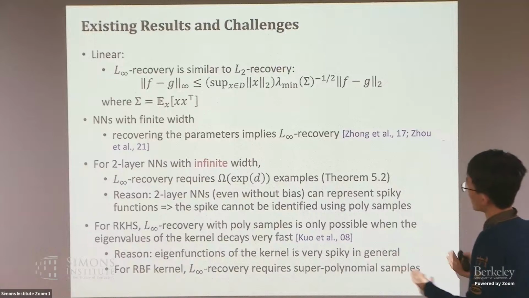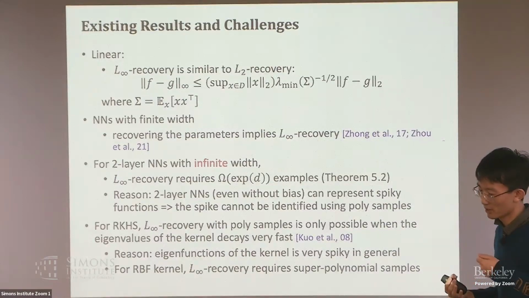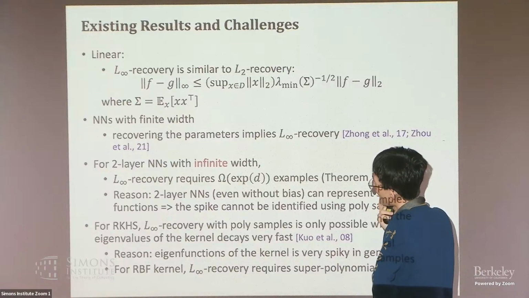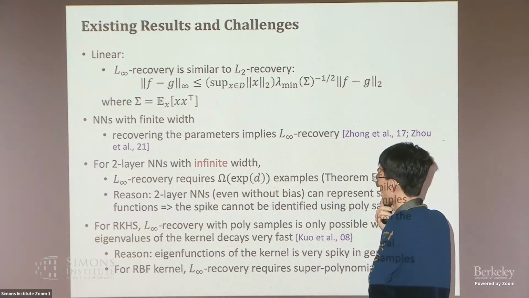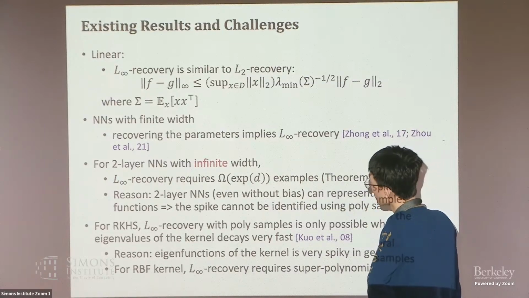So basically, what I wanted is a result where we don't have to go through the parameters, where you can recover without such strong assumptions. And when you have two-layer networks with infinite width, you cannot really recover all the parameters, even if you are given infinite compute.